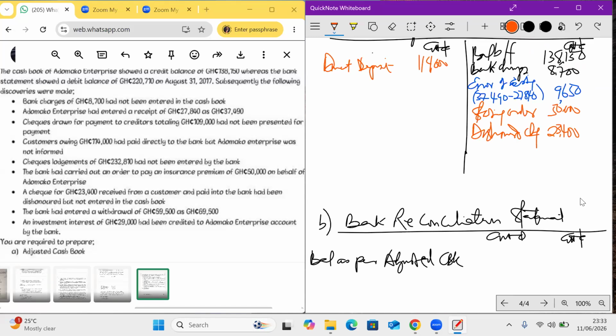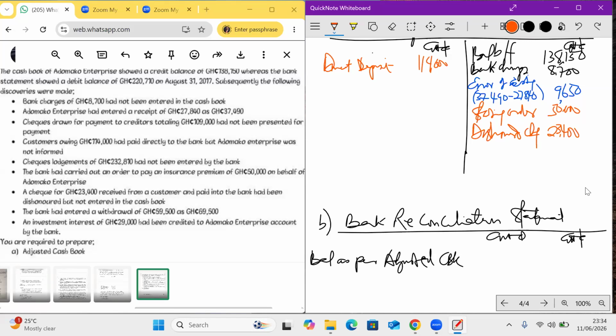So which of the books has the issue? Is the bank a book? The bank statement is a book. The cash book is a book. So we are dealing with two books.